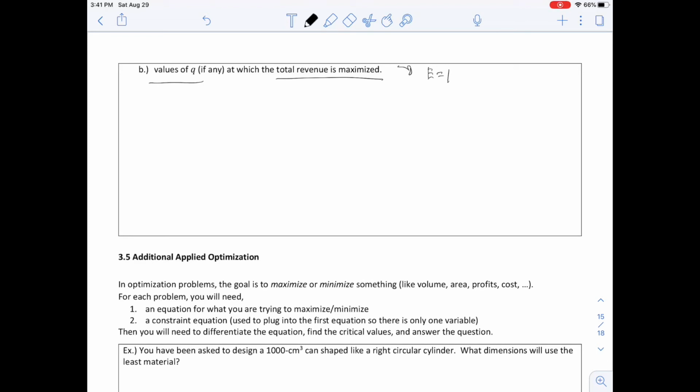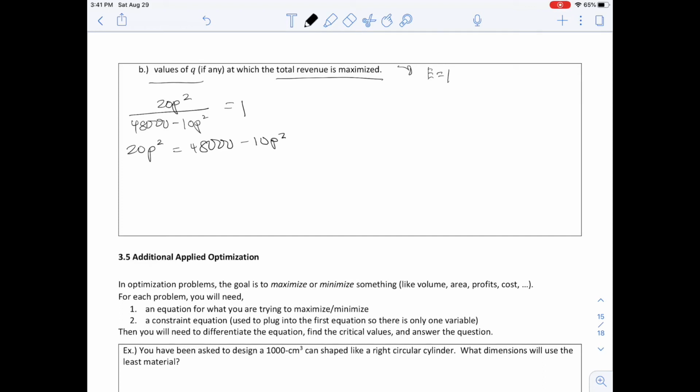So I'm going to take the function that we had up above, which was E, and that was 20p squared divided by 48,000 minus 10p squared, and set that equal to 1. From here, I'm going to multiply both sides by 48,000 minus 10p squared, and we have 20p squared equals 48,000 minus 10p squared.